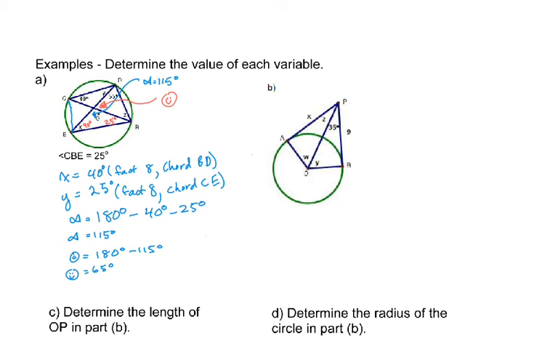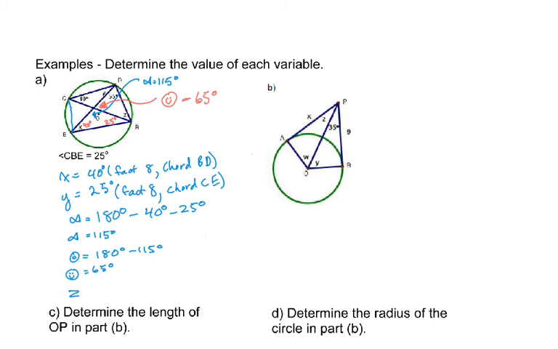Now finally, if I want Z, Z is formed by a triangle here, isn't it? And we just found that happy face was equal to 65 degrees. Well, what that means is, if you think about a basic triangle that we've studied, every triangle has 180 degrees.